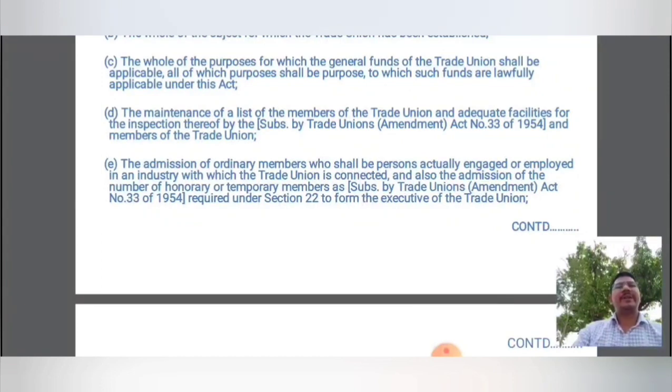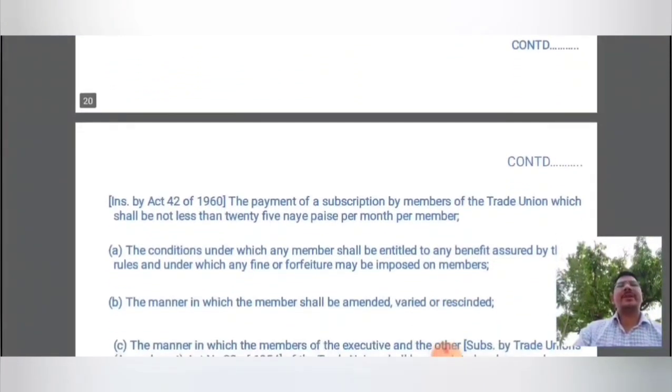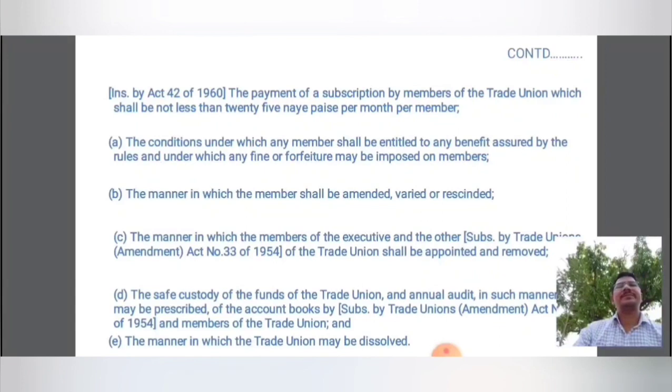So formation of the executive is crucial as far as a trade union is concerned. Then the conditions under which members shall be entitled to benefits assured by the rules and under which any fine or forfeiture may be imposed on members.